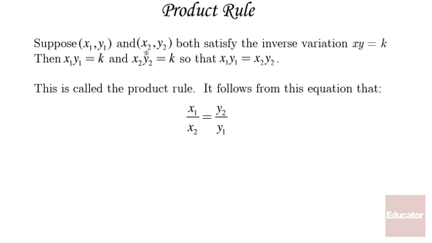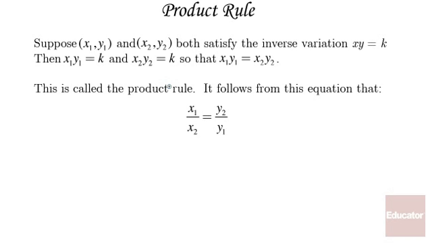A second set of points would also satisfy that value of k. So the product of x2 times y2 is going to equal the same constant. That means that the product of this and the product of this equal the same number. They therefore equal each other. So what this tells us is that x1 y1 equals x2 y2.